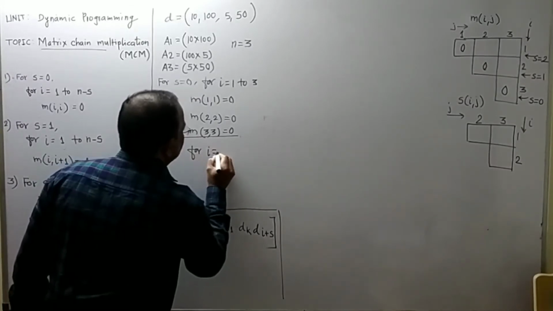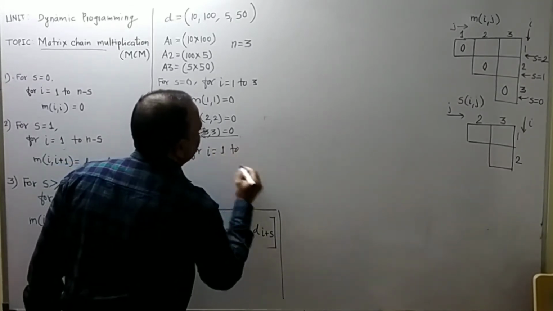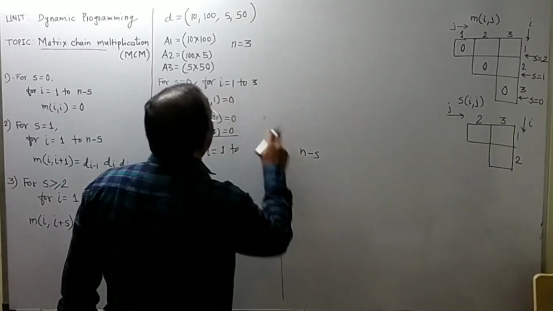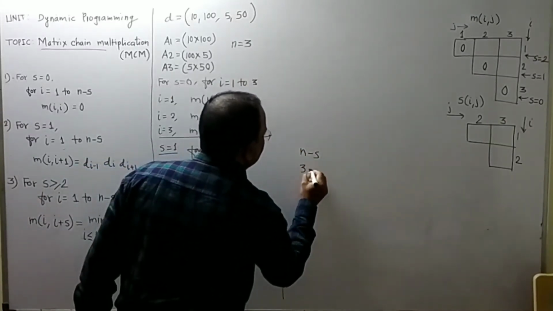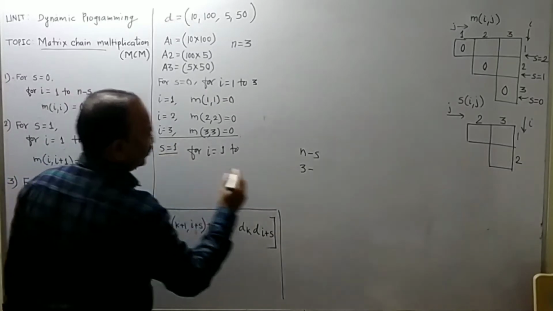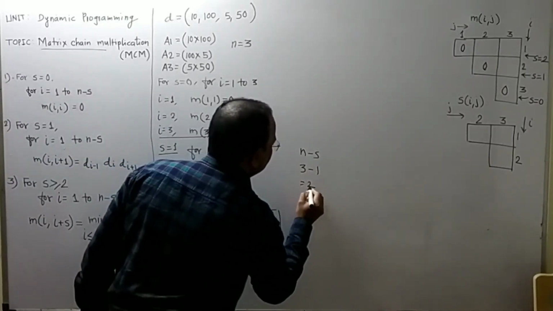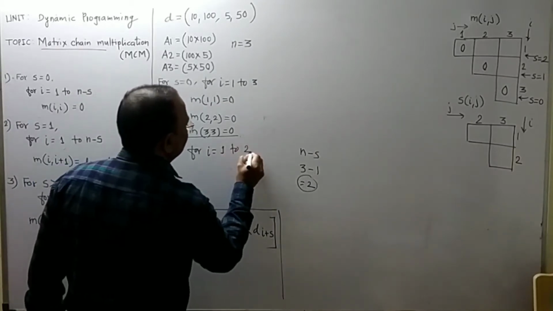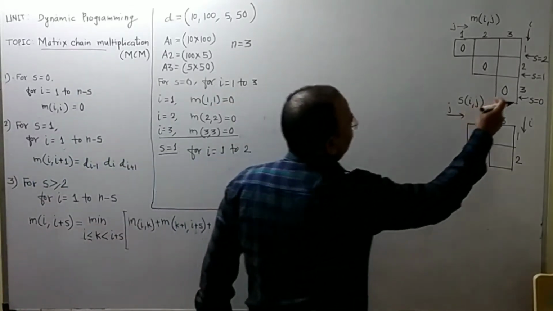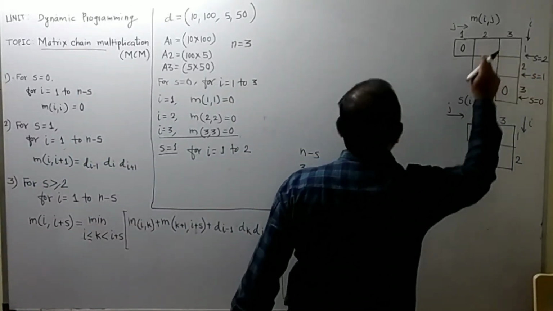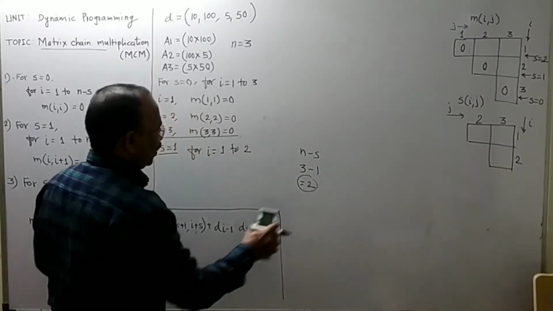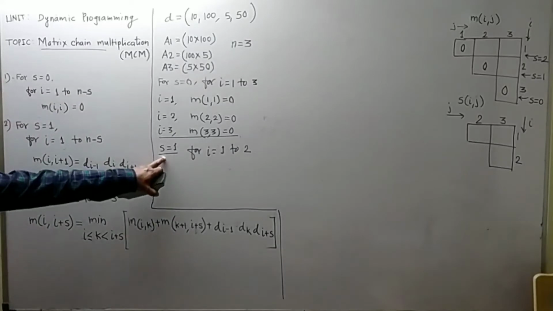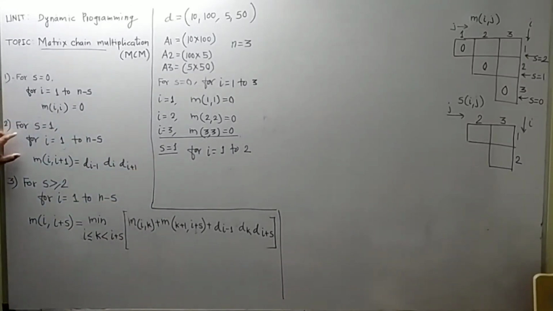For I varies from 1 to n minus s, we know the value of n is 3 and s is 1, so it is 2. Means I varies from 1 to 2. If you see here, for s is equal to 1 there are 2 cells. Now for s is equal to 1 we have to use the second formula.